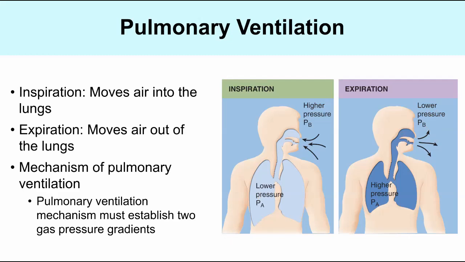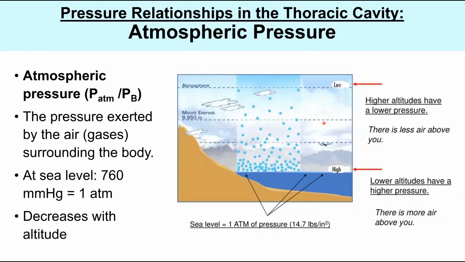So let's continue talking about what these pressure relationships are within the cavities of the lungs themselves as well as in the atmosphere. Let's start by talking about the atmosphere in general. Atmospheric pressure is best described as the pressure exerted by the air that surrounds the body.